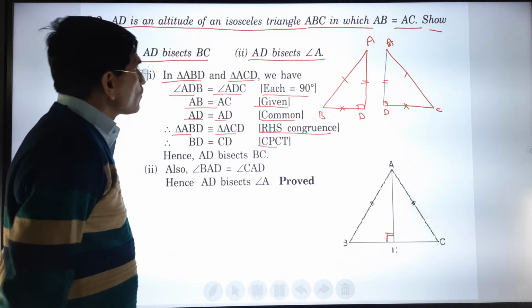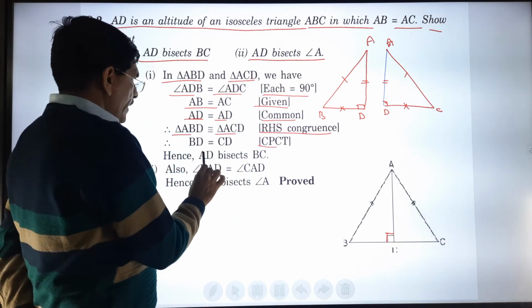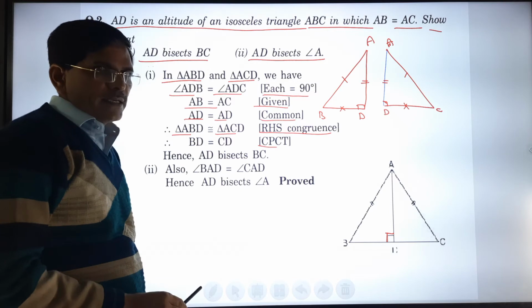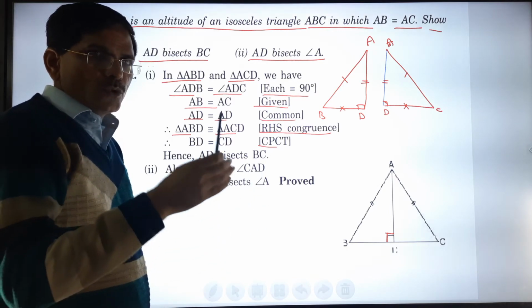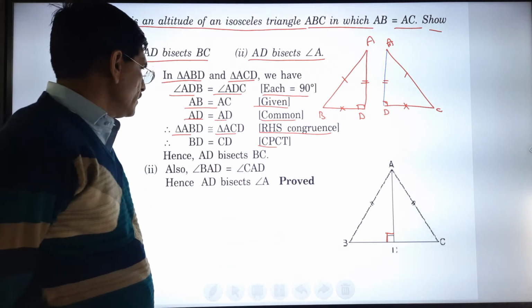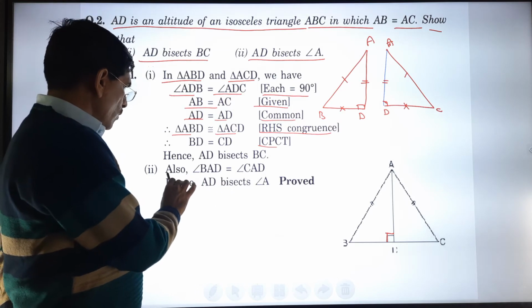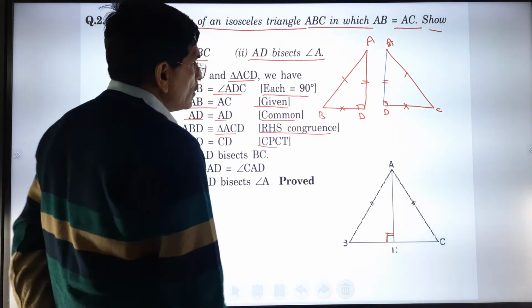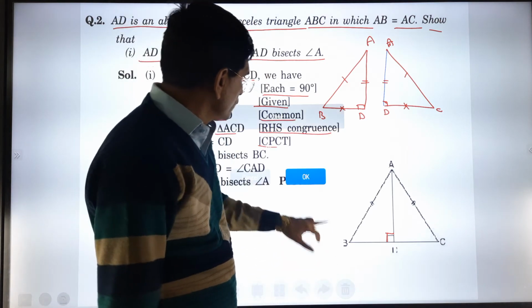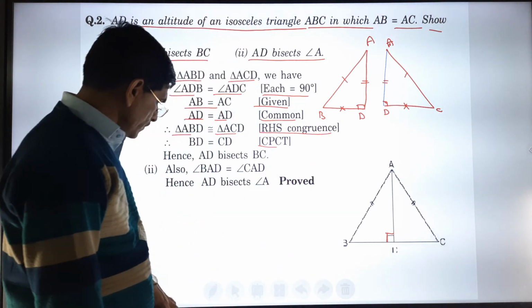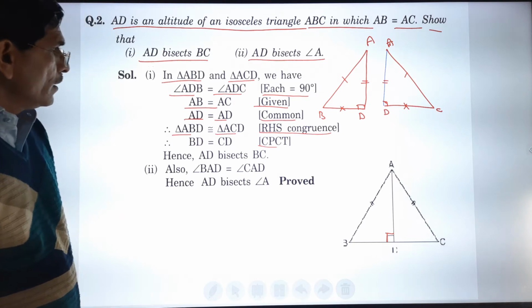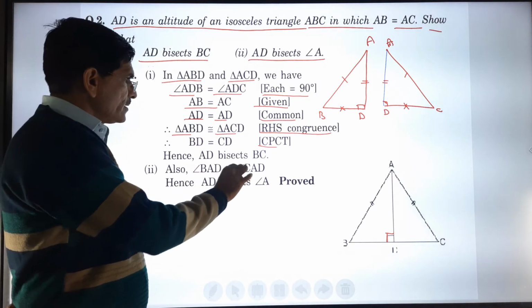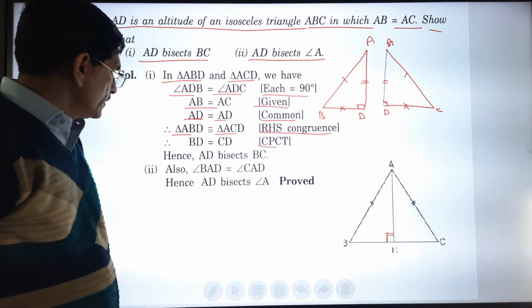Now AD bisects BC. What is the meaning of bisect? Divide into two equal parts. Now also angle BAD is equal to angle CAD.